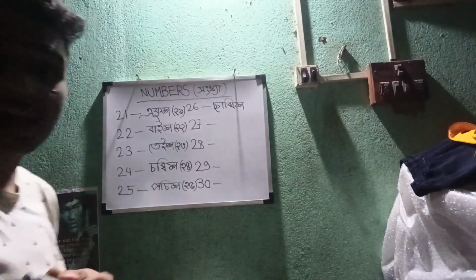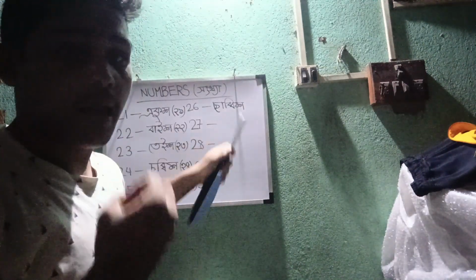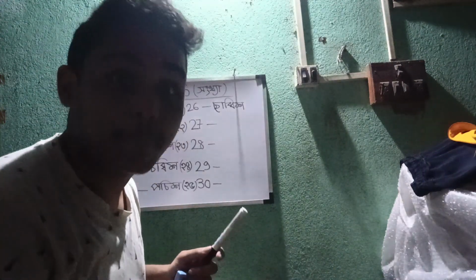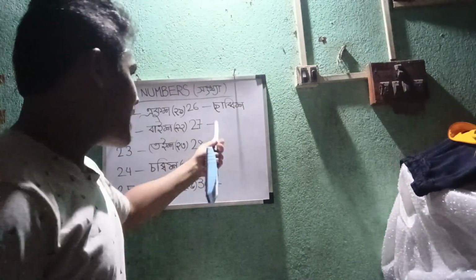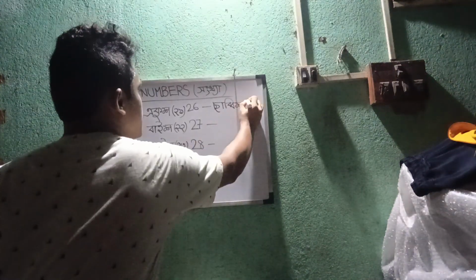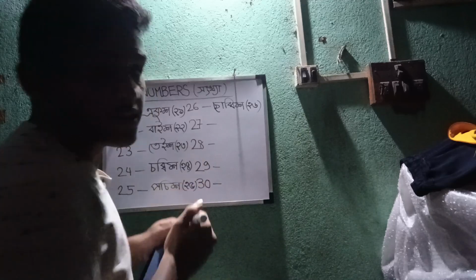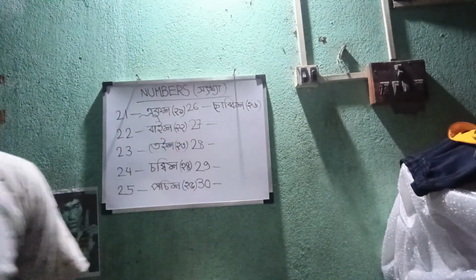Here cha, then the double consonant bo, chabbo, then hoshi, chabbi, then talbosho, chabbish. Chabbish means 26. So how can we write 26? Like this. First 2 and then 6.